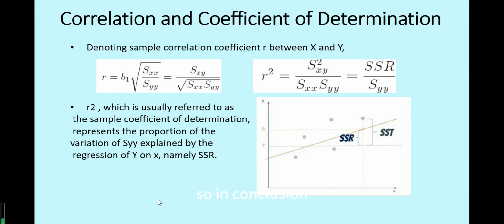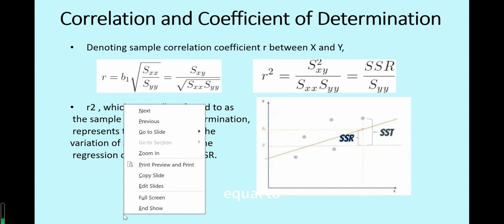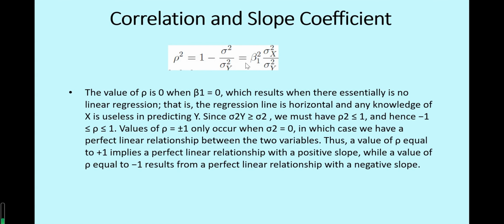So in conclusion, in linear regression, the correlation coefficient between x and y is the square root of the coefficient of determination. And the correlation coefficient between x and y is also equal to the square root of the slope coefficient beta 1 squared times sigma x square divided by sigma y square.